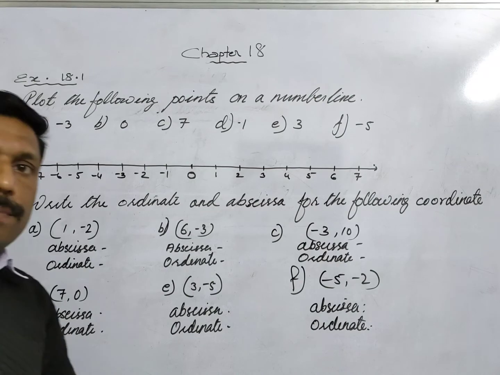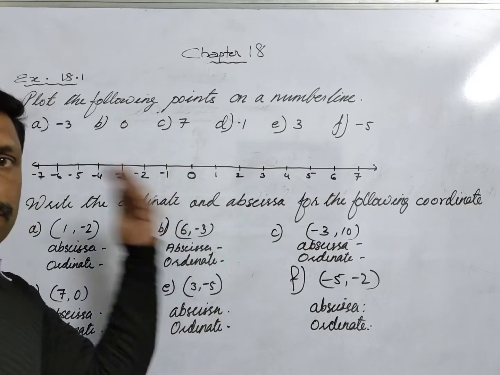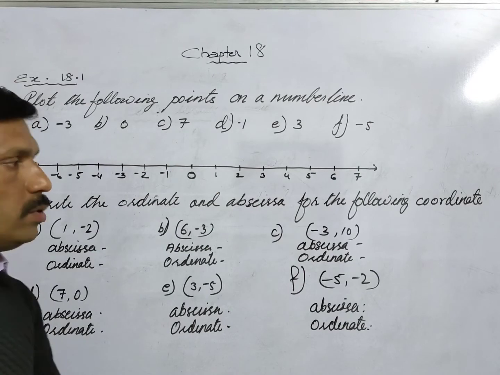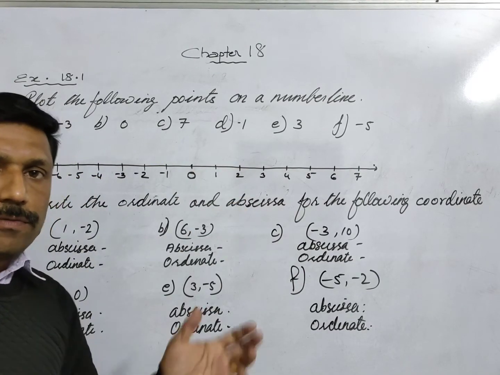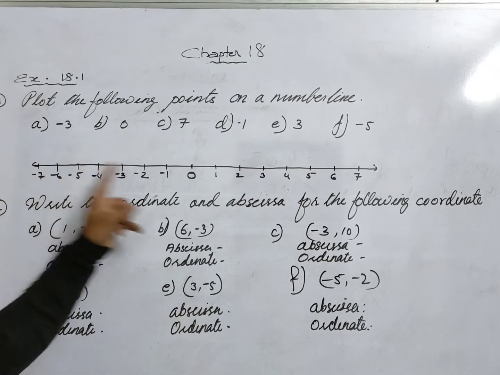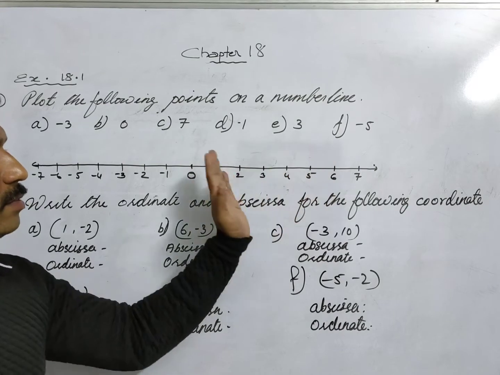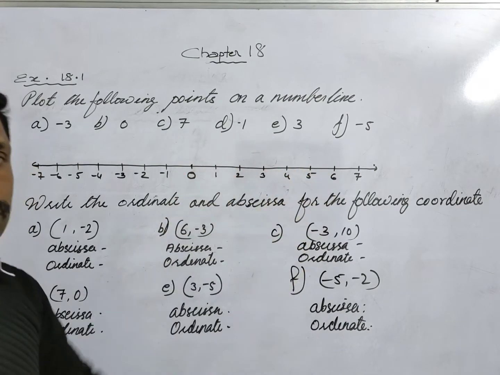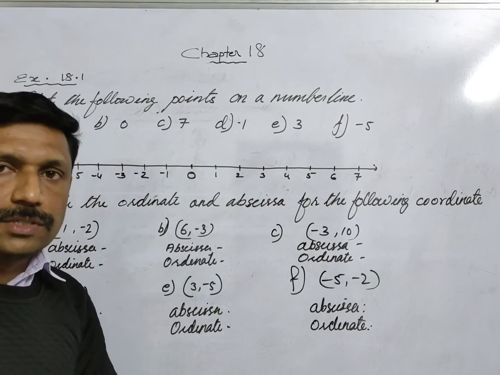You know that on a number line, right side of 0 we write all the positive numbers, and left of 0 we write all the negative numbers. So you draw this number line on your graph paper, and in the center there should be 0, and at every line to the right you write all the positive numbers, and to the left you write negative numbers.